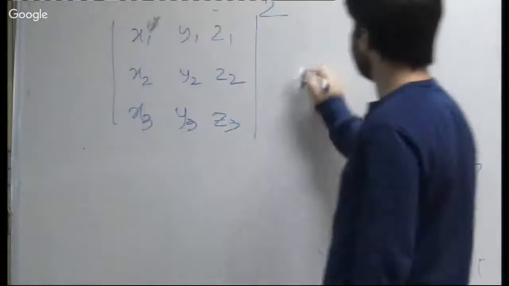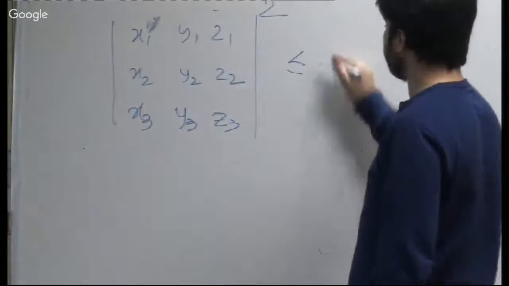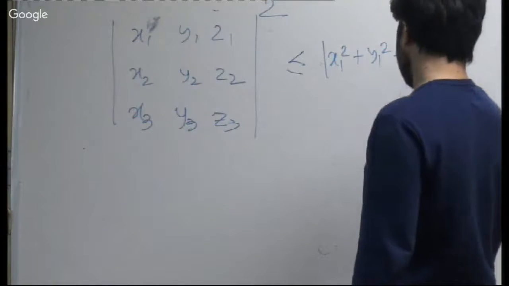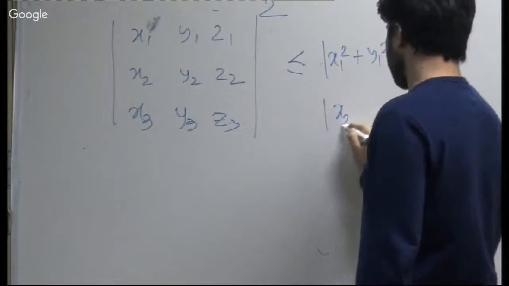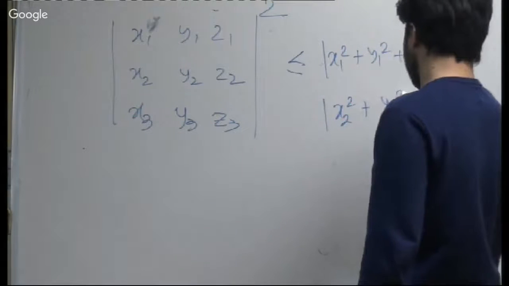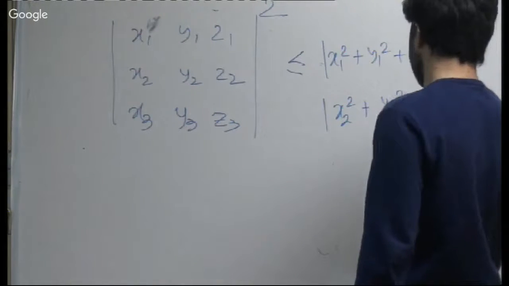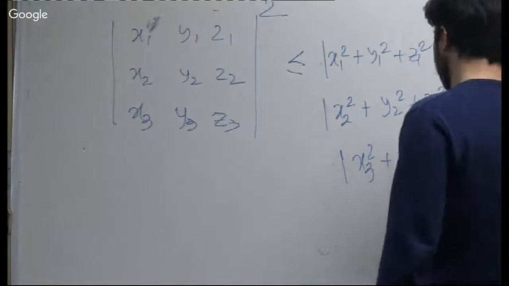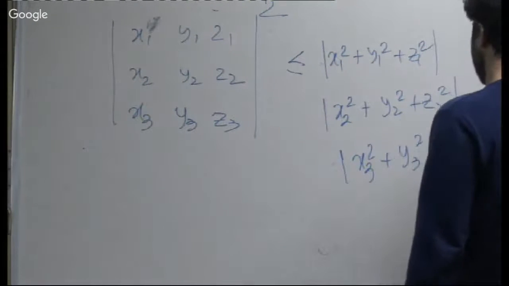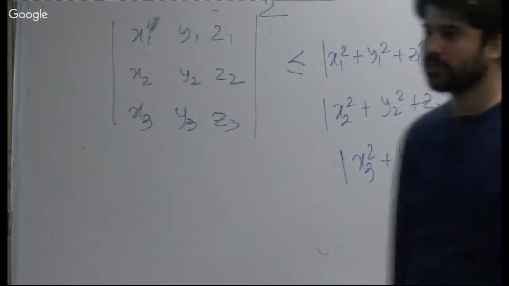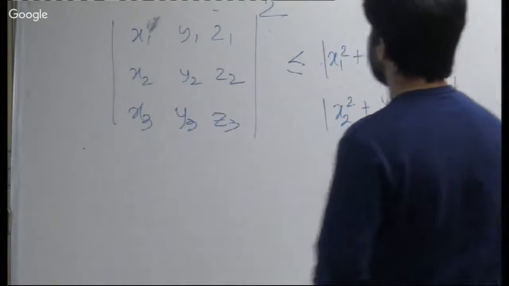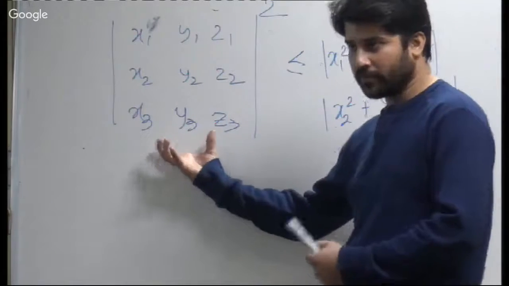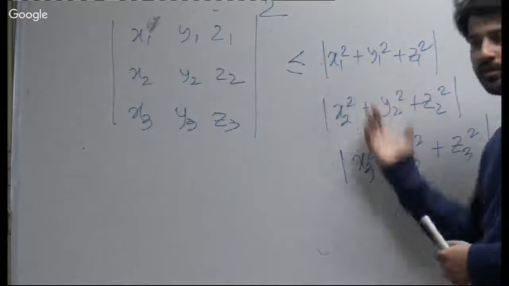Square is less than or equal to... On the left-hand side you see a parallelepiped, on the right-hand side you see the cuboid.